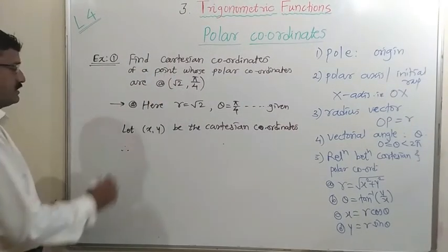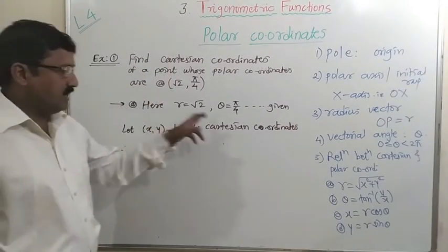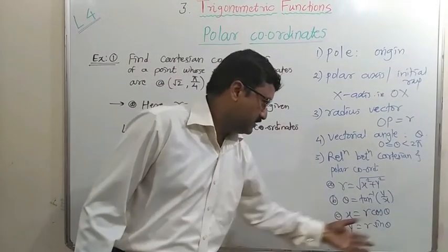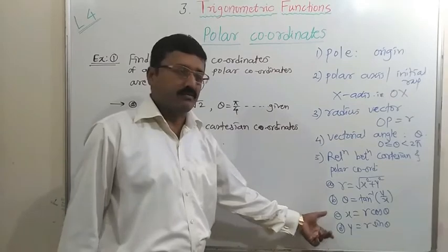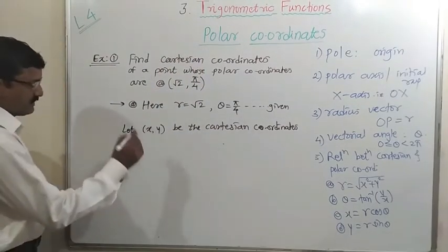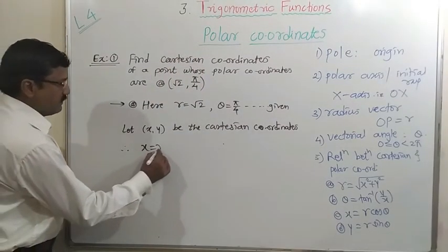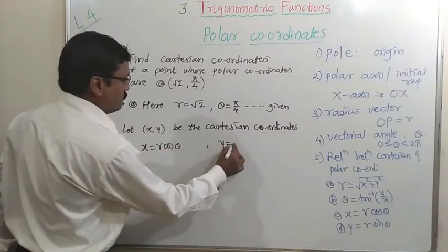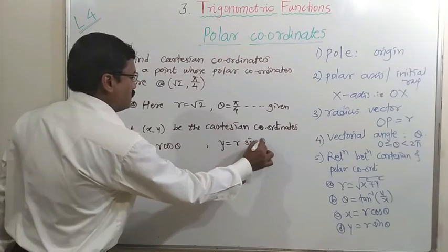Therefore, what is the relation to find x, y from r, theta? So r is given, theta is given, so we can use directly these two formulas to find Cartesian coordinates. So here x equal to r cos theta and y equal to r sin theta.